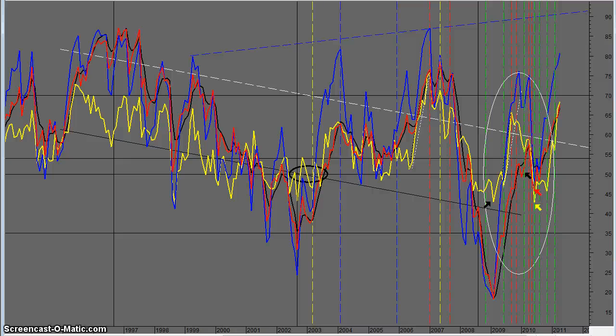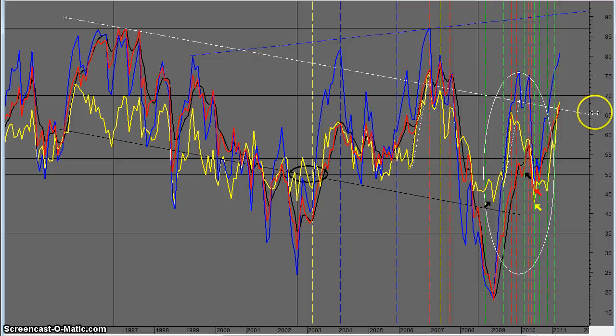Okay, and along with our DEMAs in here as well, our DEMA highs should be up there at 80, up here at 87.